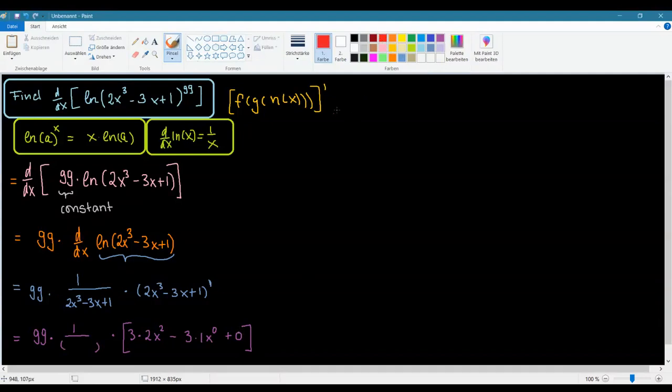Now we're going to go up to the right-hand side. Now what we've got is 99 times 1 over 2x cubed minus 3x plus 1 times 6x squared minus 3.